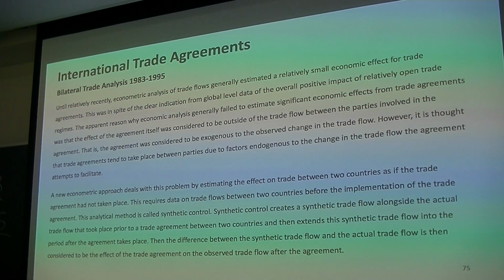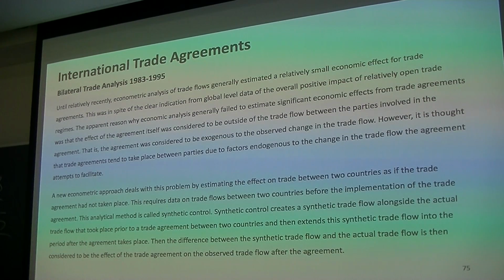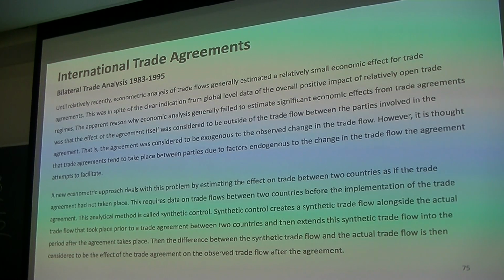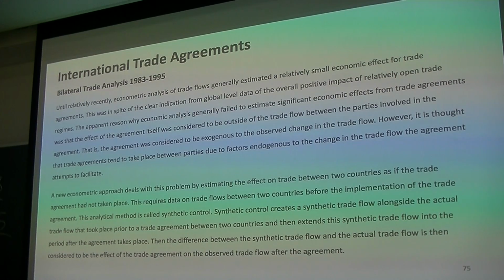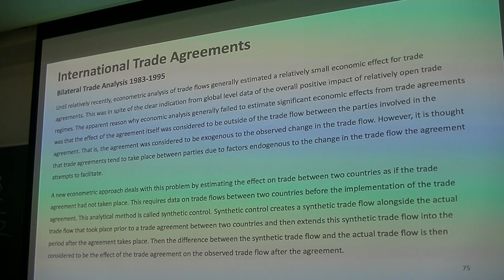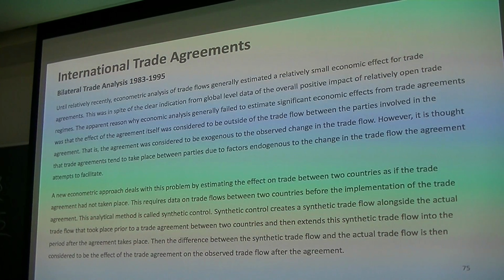So what people are now looking at is the flow of trade between countries before the agreement, and developing techniques to consider what would have happened had the agreement not taken place. What would have been the trade between the two countries? Make an estimation of that.